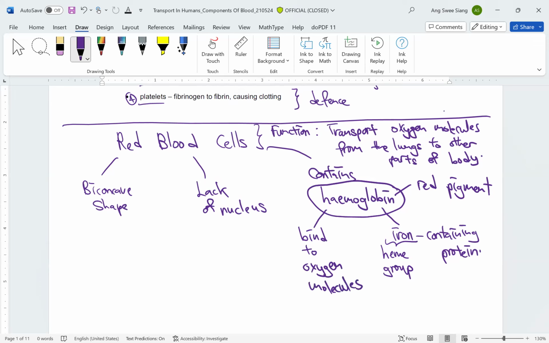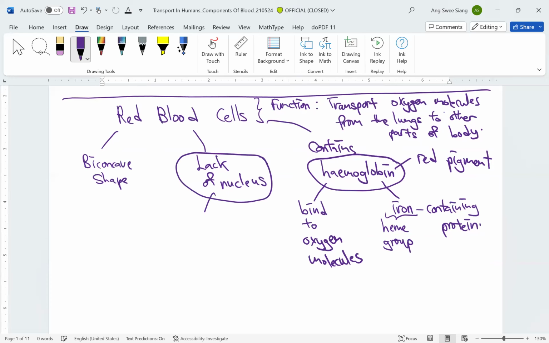So I hope you all still remember why red blood cells don't have a nucleus. Why is it that it doesn't have a nucleus? It has more space to transport what? No, it's not transport hemoglobin, transport more oxygen. So the lack of nucleus can contain more hemoglobin.